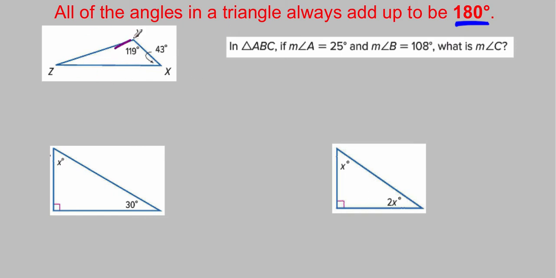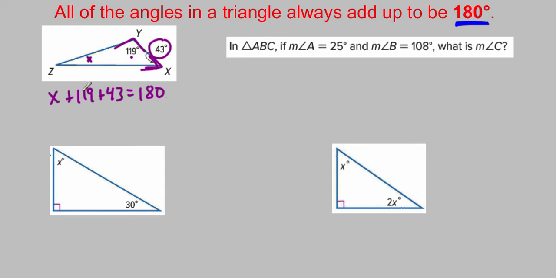We know that this angle up here is 119 degrees. This angle here is 43 degrees. They just couldn't fit it in here, so they wrote it off to the side and drew an arrow, meaning we don't know how big this angle is. Well, we know that if I were to add up all three angles, it has to equal 180. So it's just an equation.